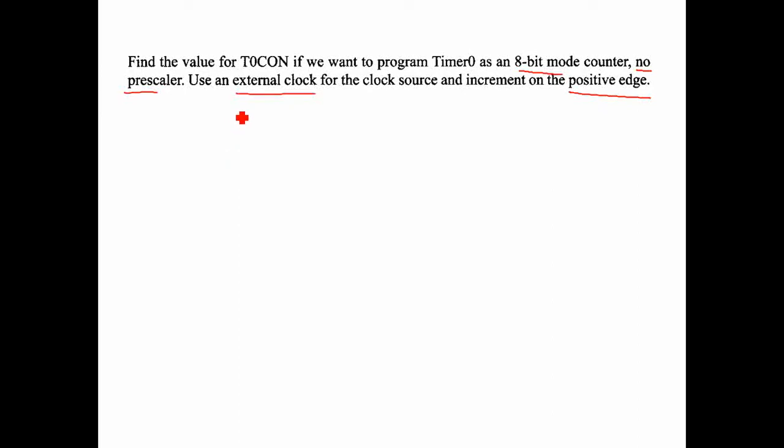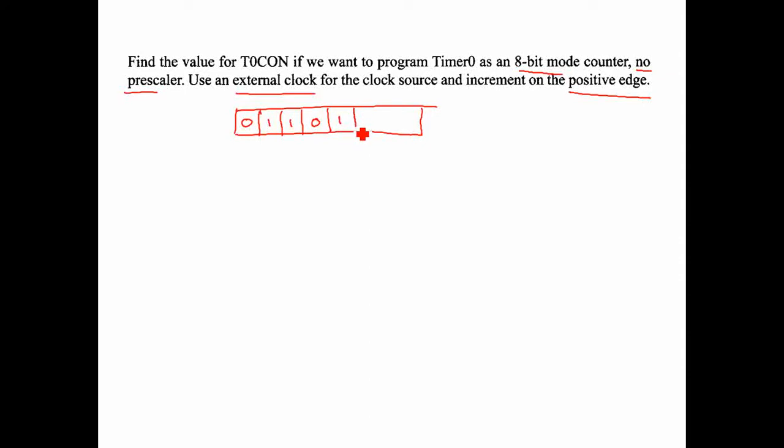With that, our T0 control register's first bit is 0, that is, timer 0 is off initially. Then since it's 8-bit, we set 1 to make it 8-bit, and the clock source is external, so we make it 1 again, and this is a positive edge, so we make it 0. Then no prescaler, so we are bypassing the prescaler.